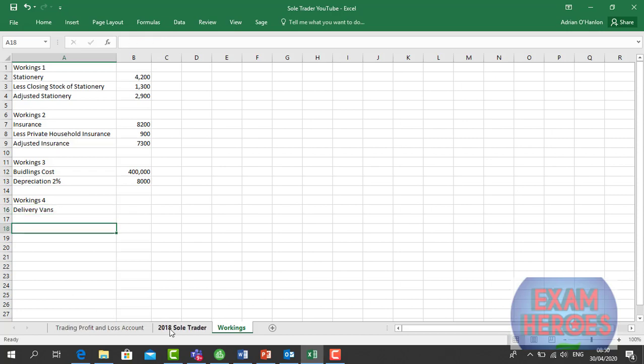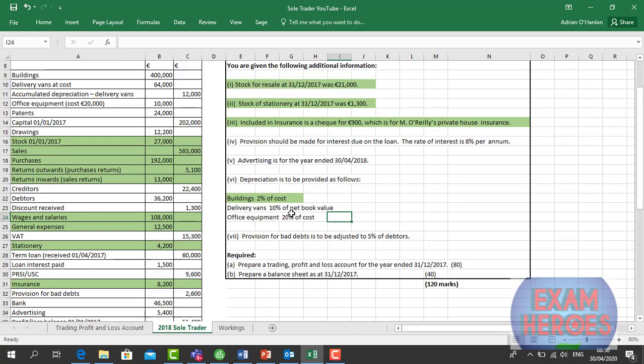Delivery vans, and what it's saying to us, it's 10% of net book value, right? So this means you'll have to get the cost, accumulated depreciation, and then from there you'll work out the net book value. So if I come up here, firstly, I have delivery vans that cost is 64,000 euros.